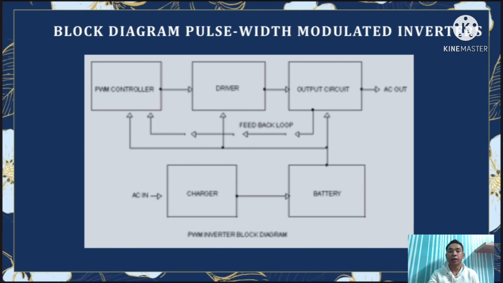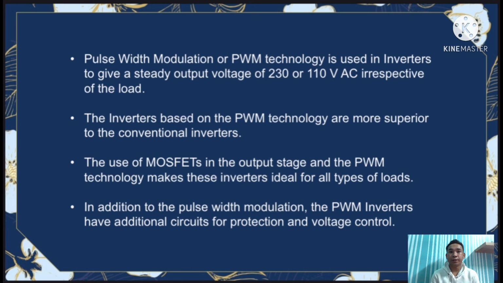Okay, this is the block diagram of pulse width modulated inverters. Pulse width modulation, or PWM, technology is used in inverters to give a steady output voltage of 230 or 110 VAC irrespective of the load.